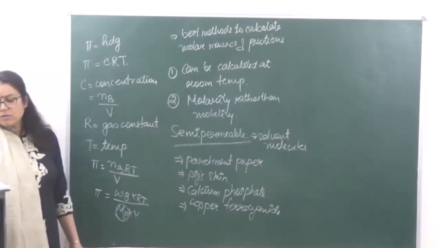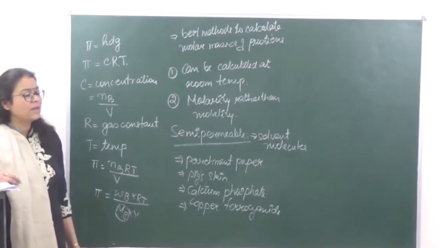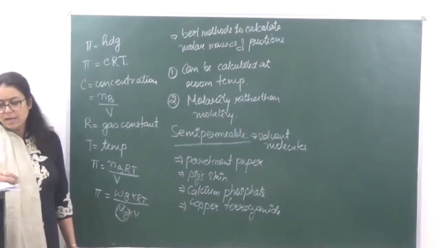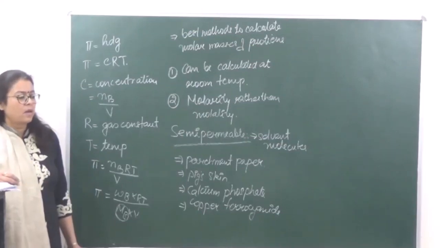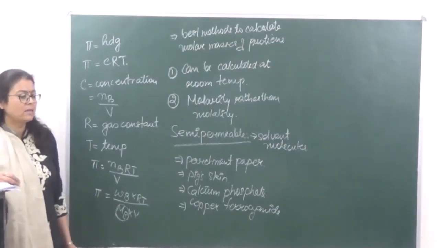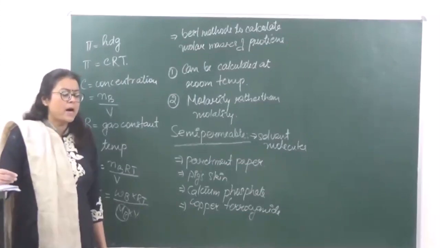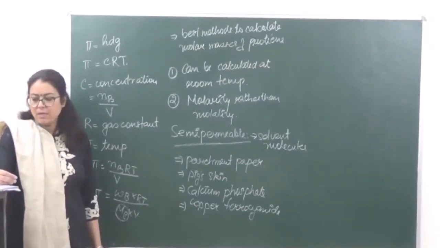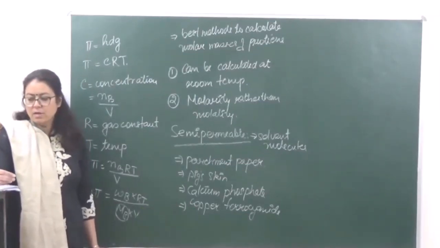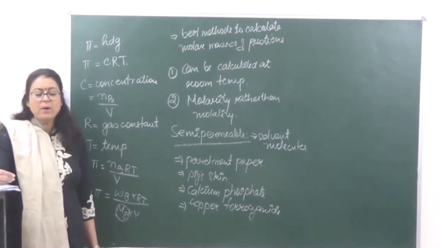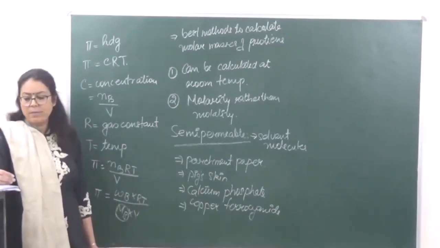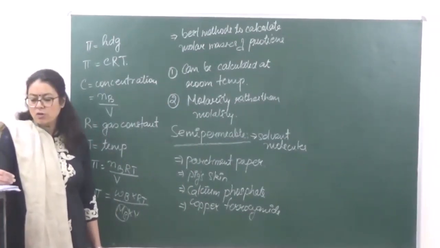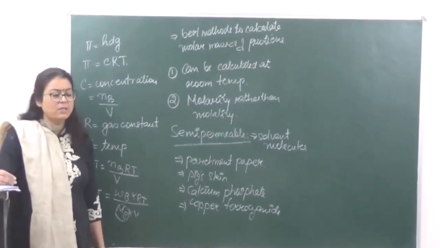The most successful theory, you can write down, is that a solvent can pass through a semi-permeable membrane because the vapor pressure of the pure solvent is higher than the vapor pressure of the solution.